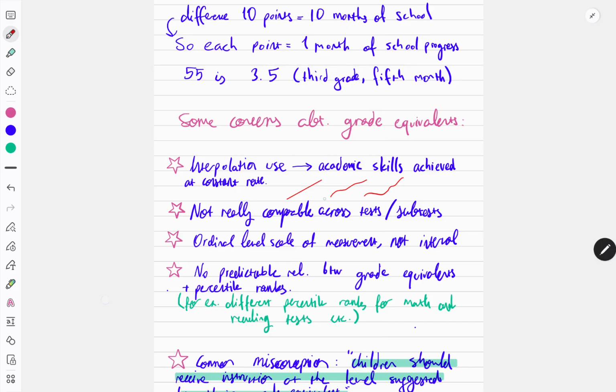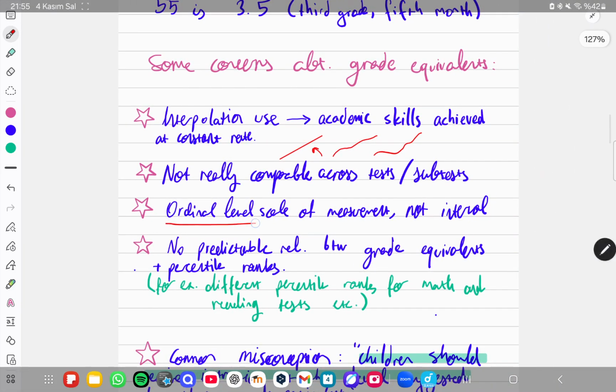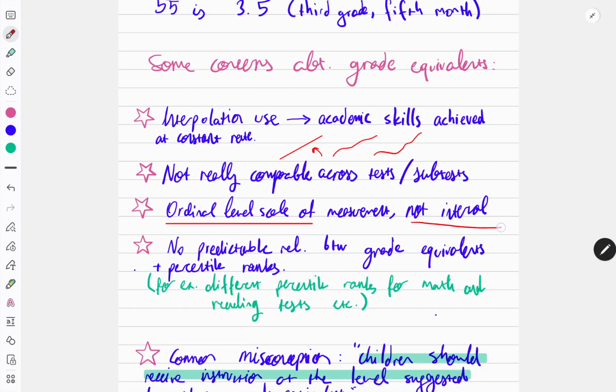So we cannot really compare tests and subtests well. And it is an ordinal scale, not interval, meaning the intervals between 3.0, 4.0, and 5.0 are not equal to each other. That's what it means.